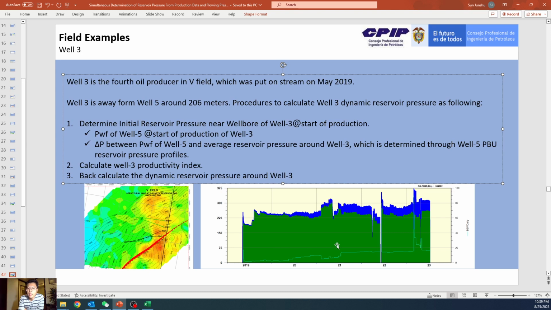That is caused by the poor cement. This is confirmed by the chloride or salinity of the produced water.